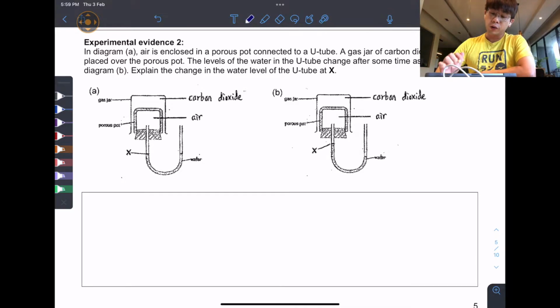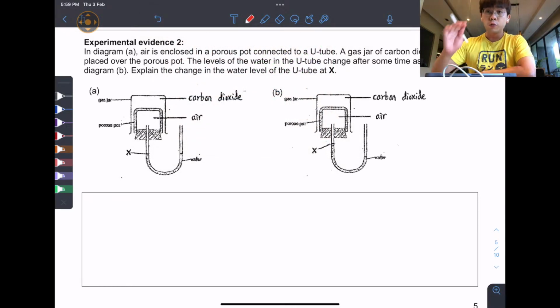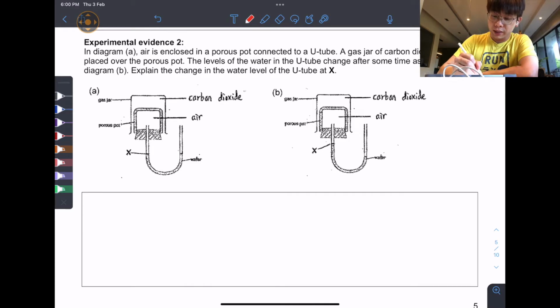Now, in a porous pot experiment, in order to determine which direction the water level moves, we need to first calculate the rate of diffusion for both gases. Here we have carbon dioxide, whose formula is CO2, and air, which is about 78% nitrogen.